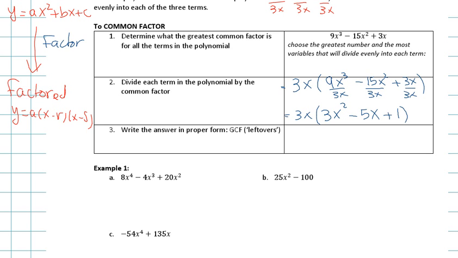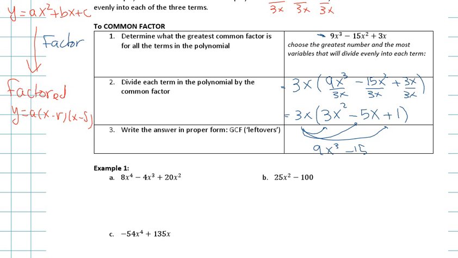If you want to go backward, which we're not going to do here, but if you want to check your work and make sure that you have done it right, you can distribute that 3x in. You multiply the 3x into each term, and you should get exactly what you started with. So 3x times 3x squared is 9x cubed. 3x times negative 5x is negative 15x squared.